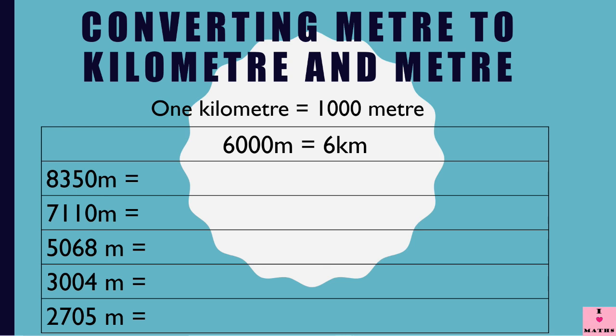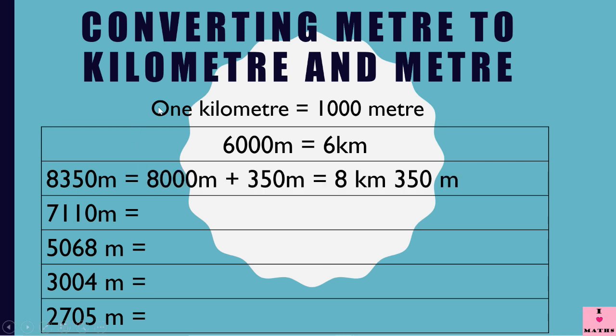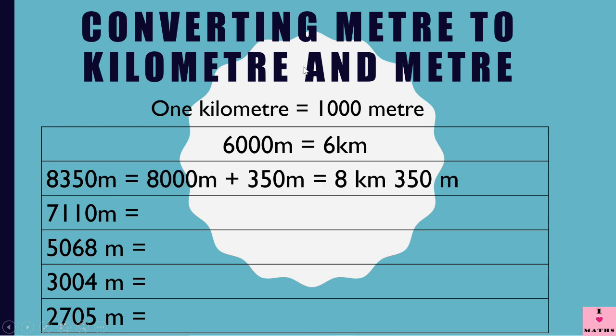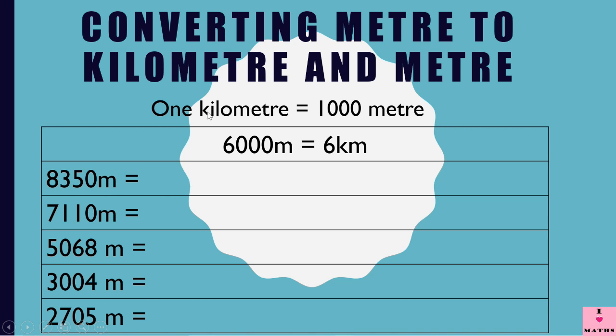Now we move further. In this slide, we are going to change meter to kilometer. Now, 1 kilometer is 1000 meters. So children, when 1000 meters are put together, 1 kilometer is formed.